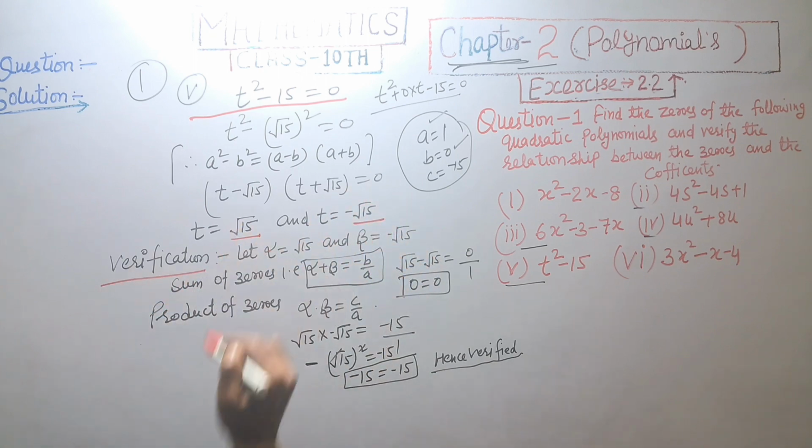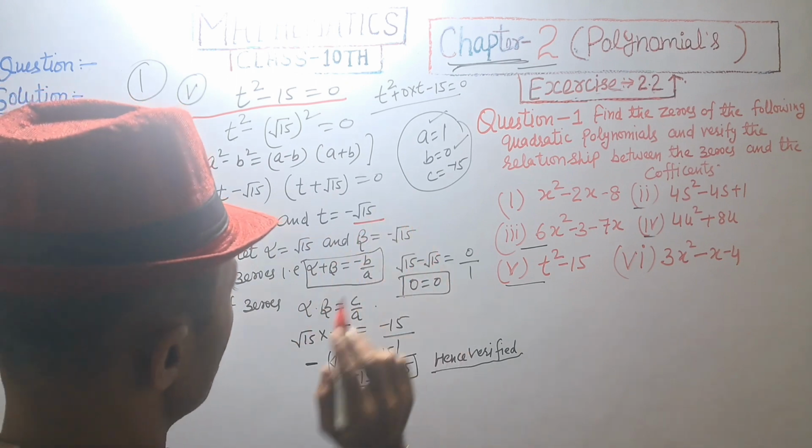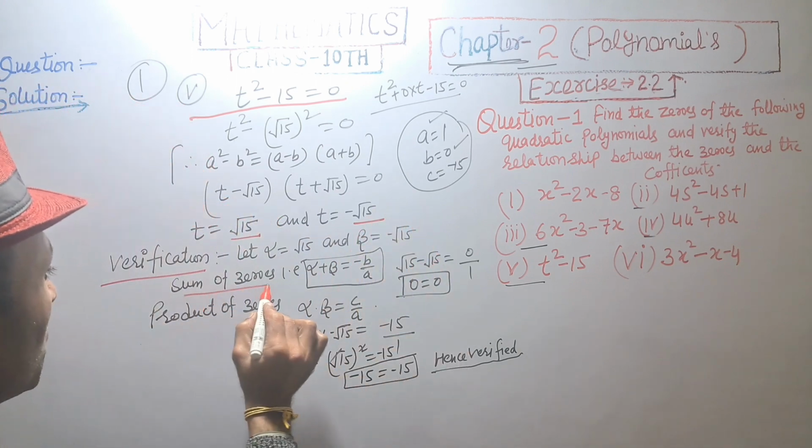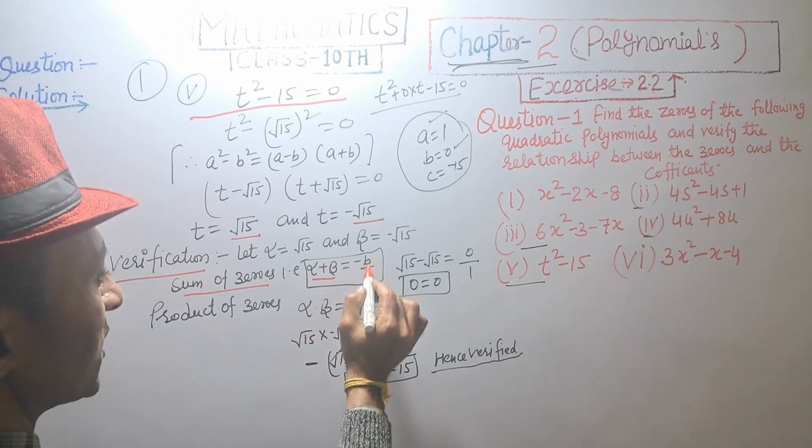Verification: let alpha is root 15, beta is minus root 15, and sum of zeros alpha plus beta is minus b upon a.